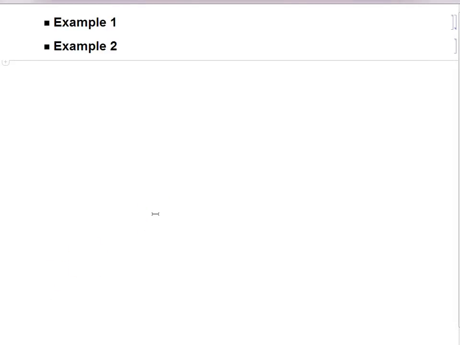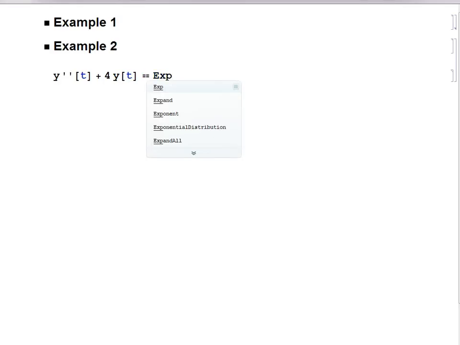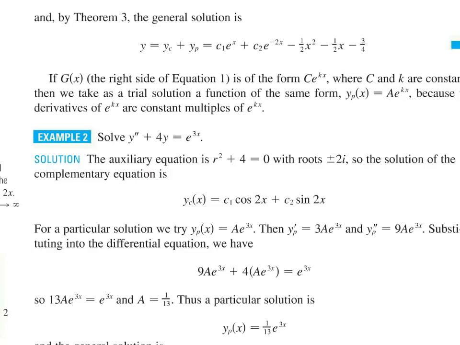So what do we have? We have y double prime plus 4y. We should put t's in there. Oh, not t's. Alright, Mr. Book, let's see if we got that right.